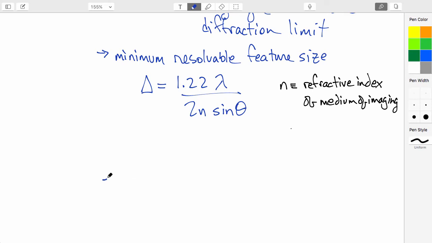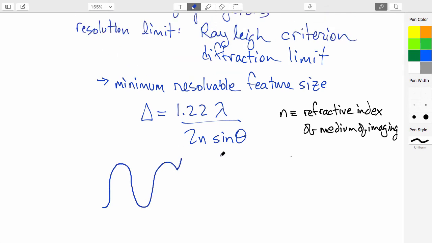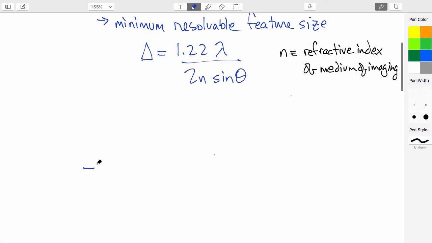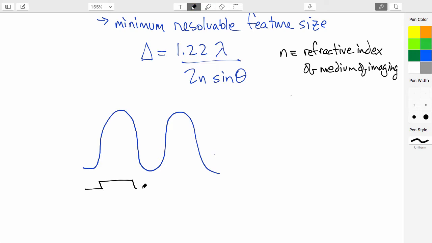And what this minimum resolvable feature size means is that if you have two features that are spatially next to each other, where the physical structure may be something like this, whereas the imaged feature may look something like this.